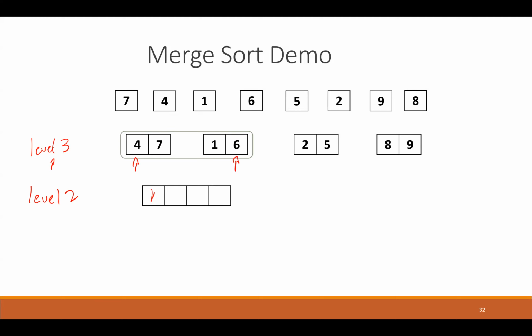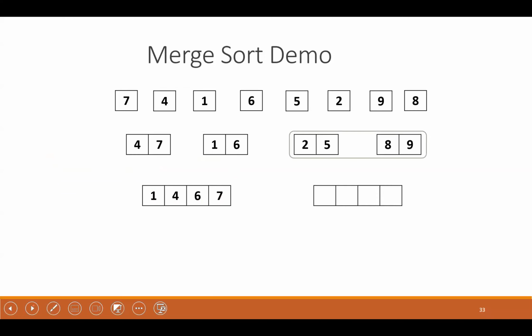I compare 4 to 6. 4 is less than 6, so I put the 4 here. I update this pointer. I compare 6 and 7. 6 is less than 7, so I put the 6 there. This one is done, and I copy the 7, and then everything is done. So this is a call to merge on these 2 sorted lists that were returned to me at this stage of the recursion.